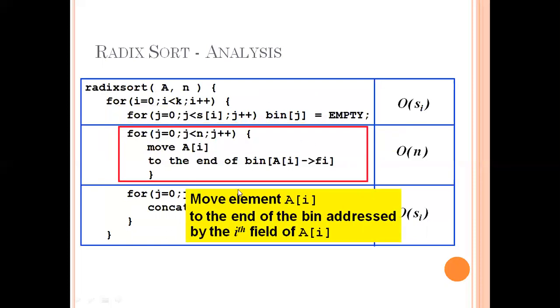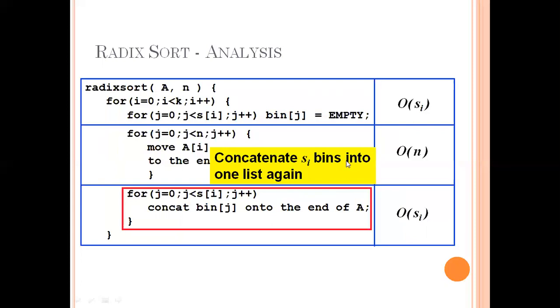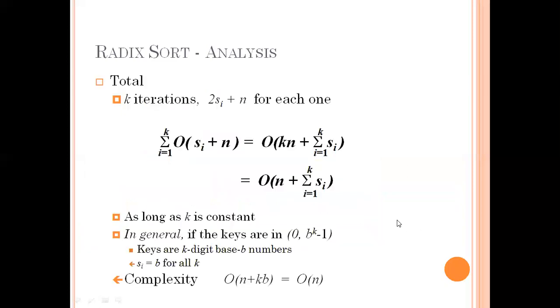Move elements to the end of the bin addressed by the ith field of A_i, this is O(N). Concatenate the S_i bins into one list again, O(S_i). So this is the time complexity: O(S_i) plus N.